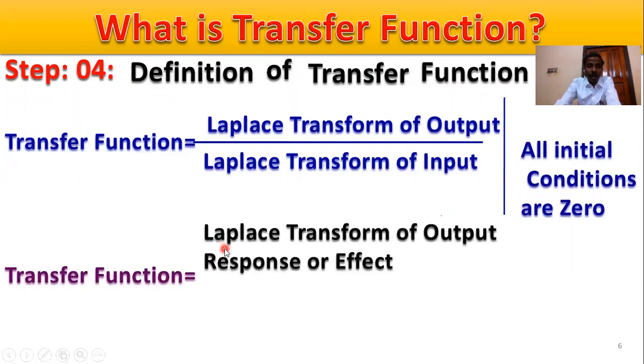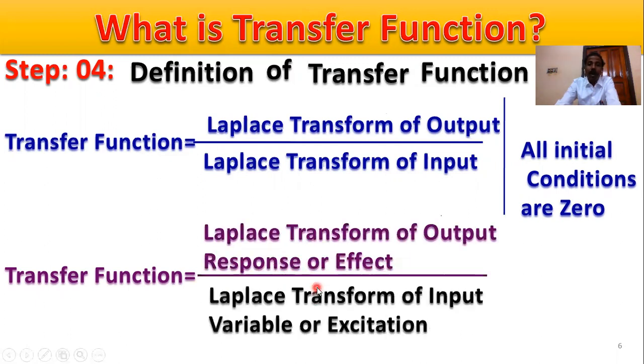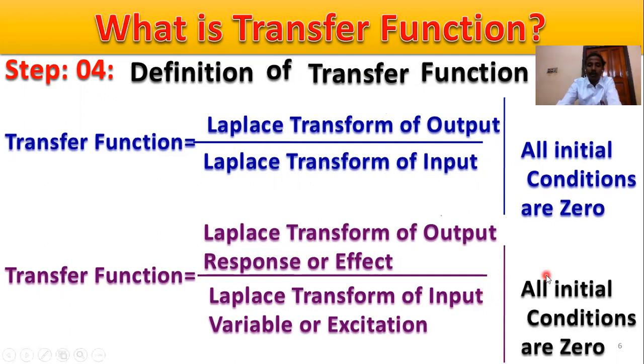Another form: Laplace transform of output response or effects divided by Laplace transform of input variable or excitation, also called the cause, and all initial conditions to be zero. And this is called the transfer function.